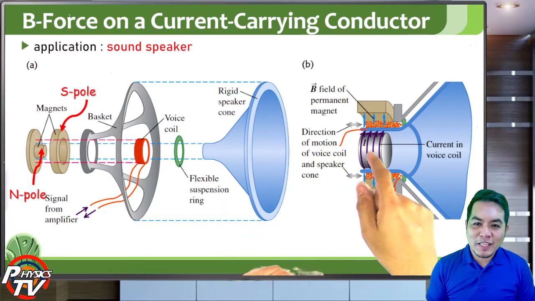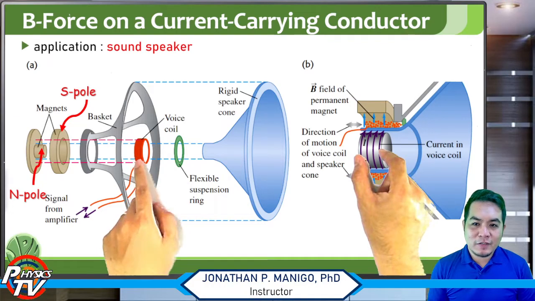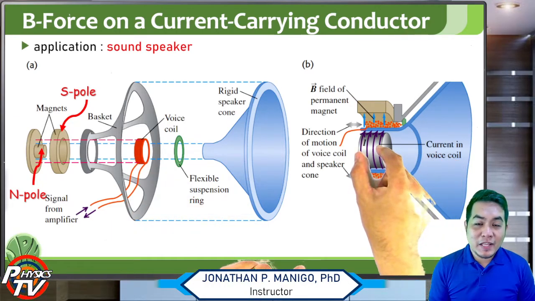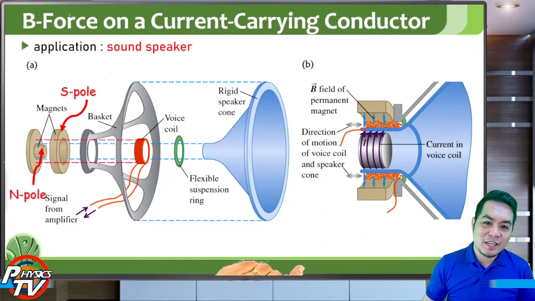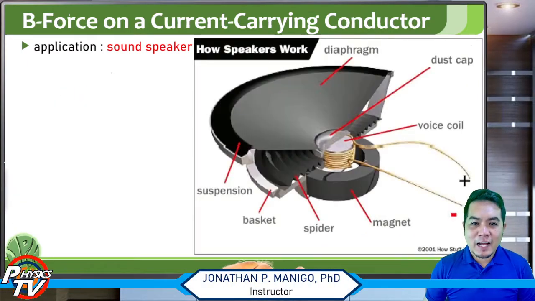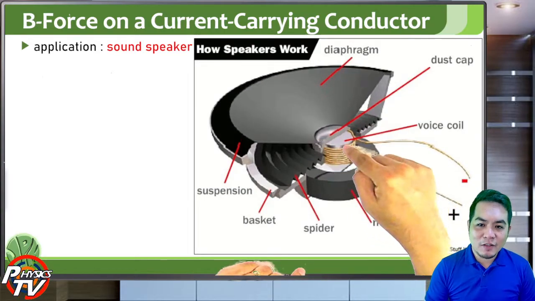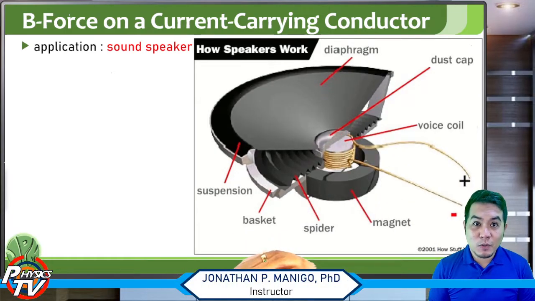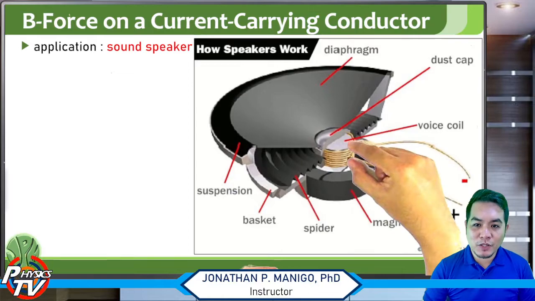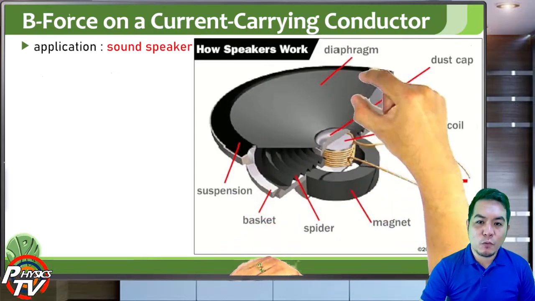So what will happen is it will exert a force on this coil, and the force will depend on the direction of the current. The force will be either to the left or to the right. Since the current passing through your coil is alternating, the force will also be alternating. It will be pushed forward and backward.